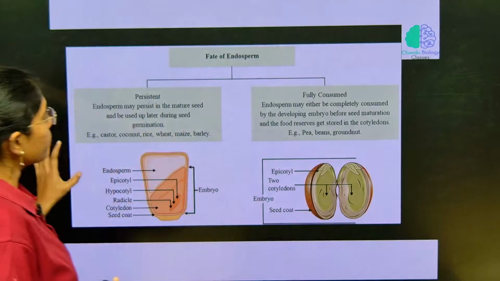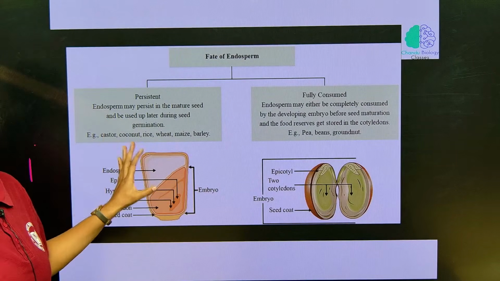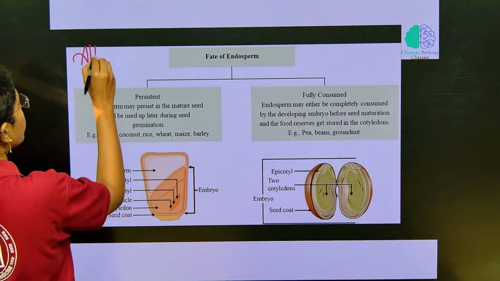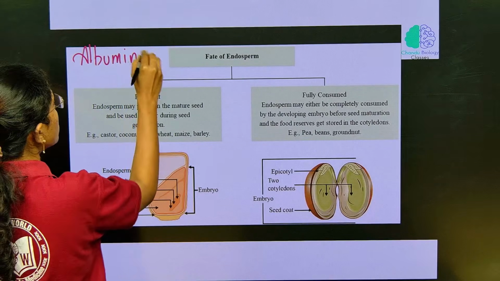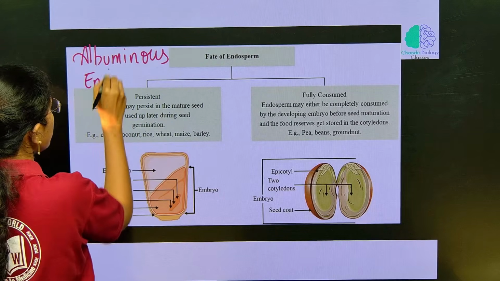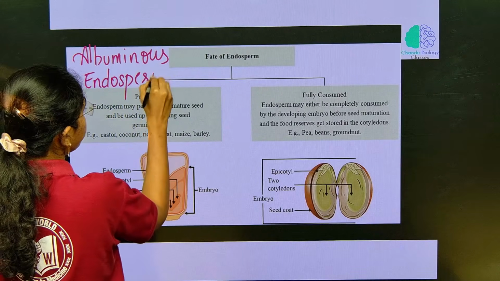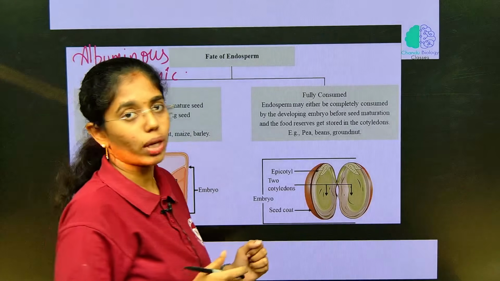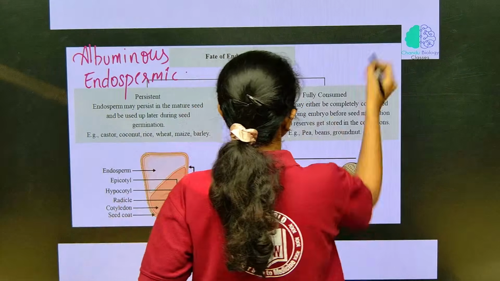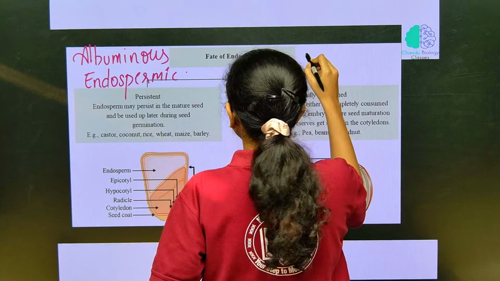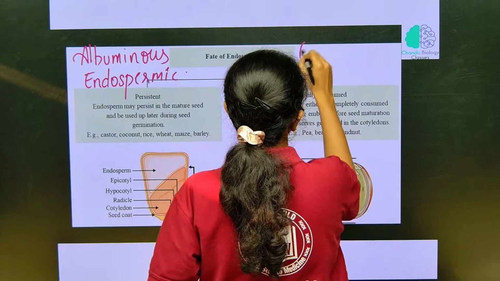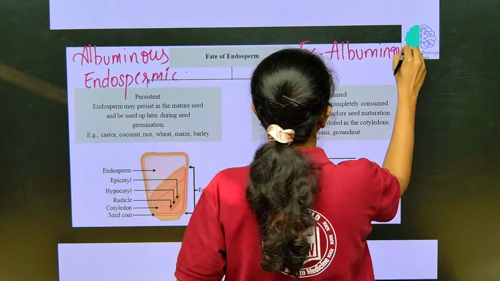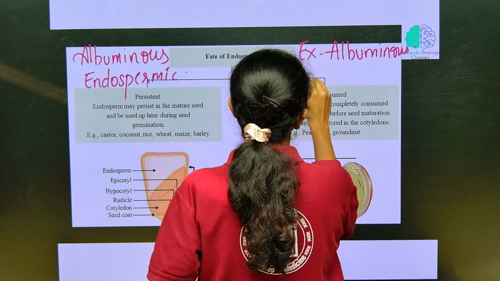In those seeds where endosperm is still persistent are known as albuminous seeds or endospermic seeds. In those seeds where endosperm is completely consumed by embryo development, such seeds are known as exalbuminous seeds or non-endospermic seeds.